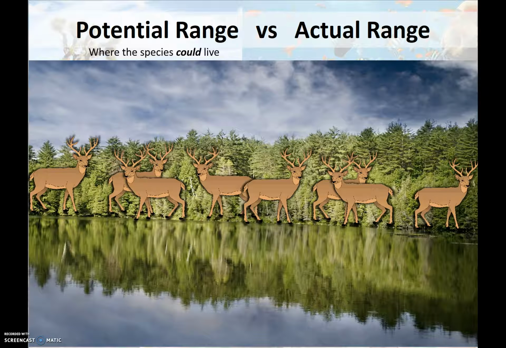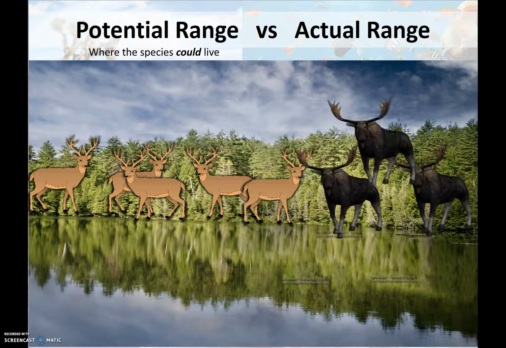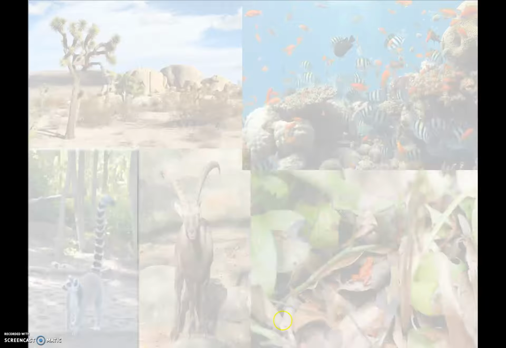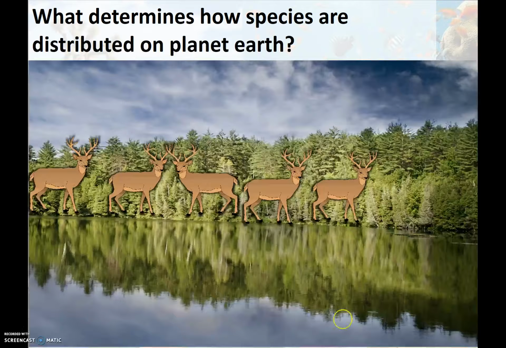So here, potential range is where the species could live, but really here are some caribou or reindeer that may be interacting or competing with this population of deer. So therefore, you see here between the red lines is the actual range where you'll actually find this population. So what is dispersal and how does it relate to range? That gets in your box 1.